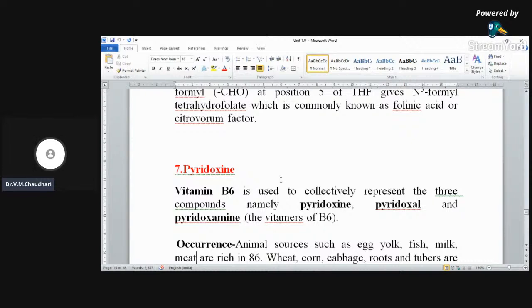Vitamin B6 is pyridoxine, but it consists collectively of three compounds: pyridoxine, pyridoxal and pyridoxamine.